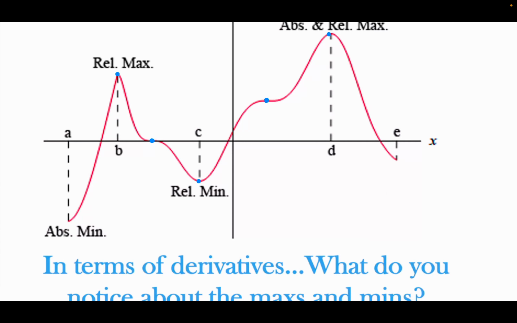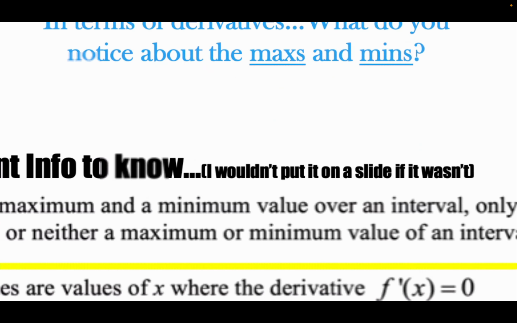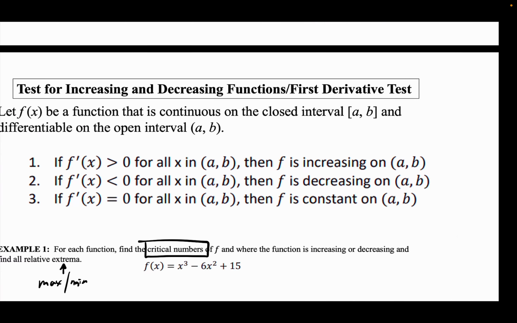We found one at 0, one at 4. I have no idea whether it's a maximum or minimum, though, or if it's one of these, which is neither. So my next step is to figure out which of these dots is a maximum, which is a minimum, which is neither. That's where we're going to use the first derivative test.